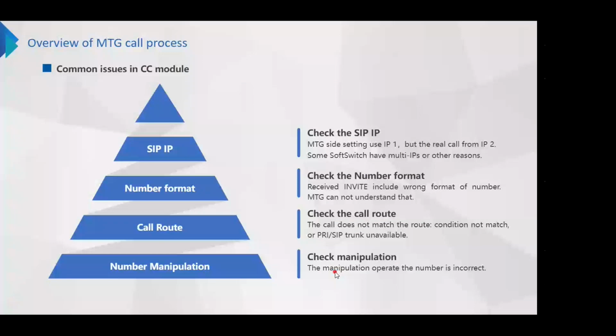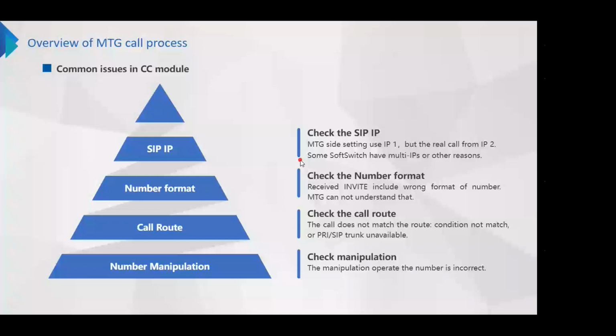If everything is okay, then the SIP is coming in and the call will be forwarded to the CC module. In the CC module, we have features you can use to control the call. Sometimes in the CC module we have different IPs, because the MTG supports different IPs to forward the call to different sub switches, SIP users or PBX.